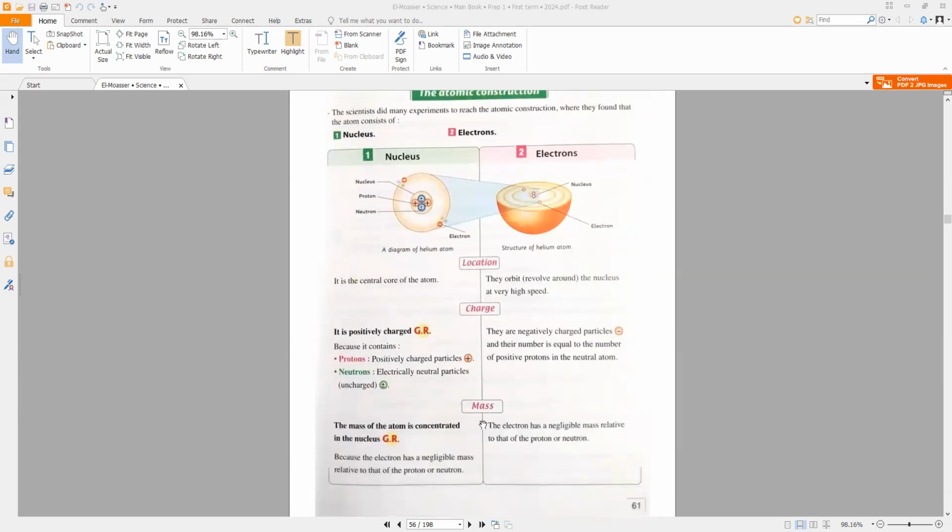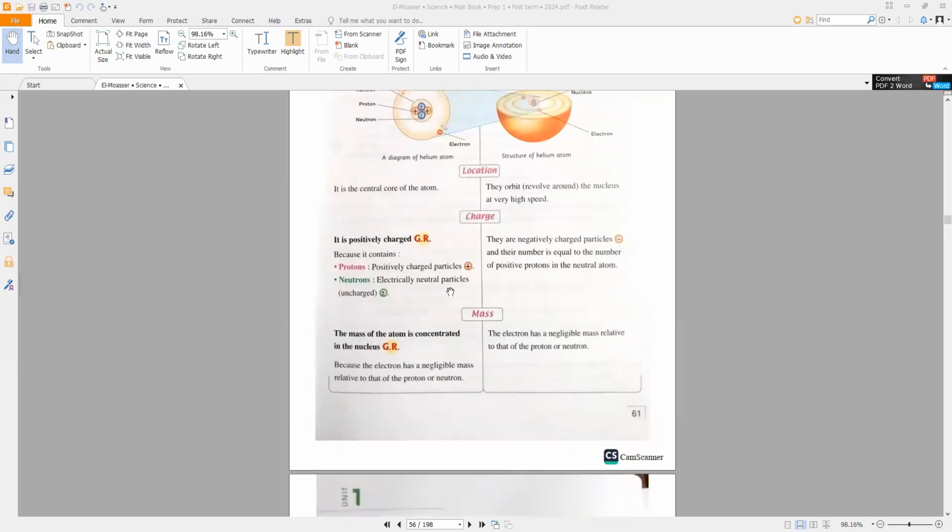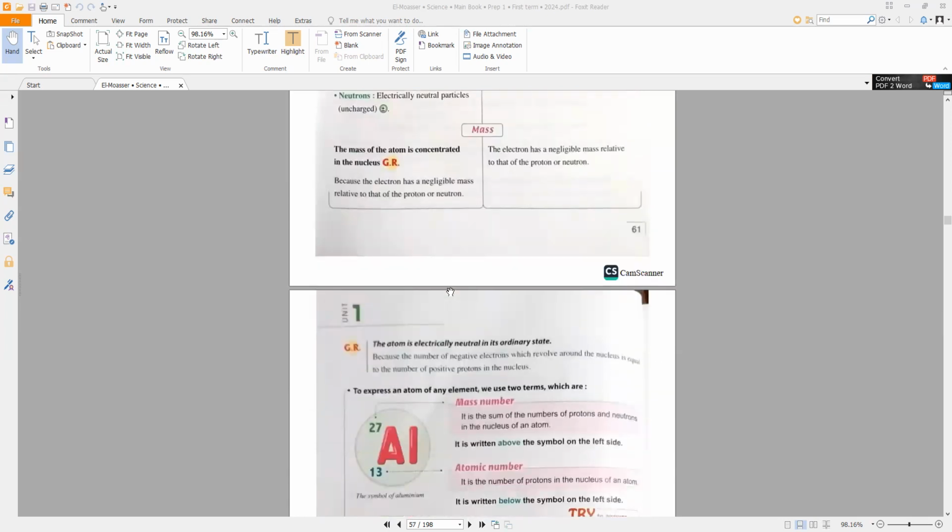And we talked about the mass, and I said that the mass of the atom is concentrated in the nucleus. Why? Because the mass of the electron is very small, negligible relative to the proton and the neutron. So the mass of the atom is concentrated in the nucleus.